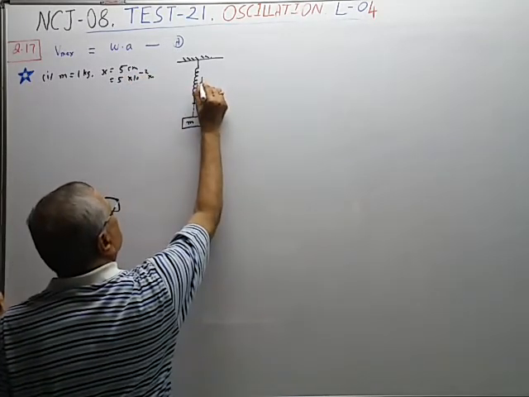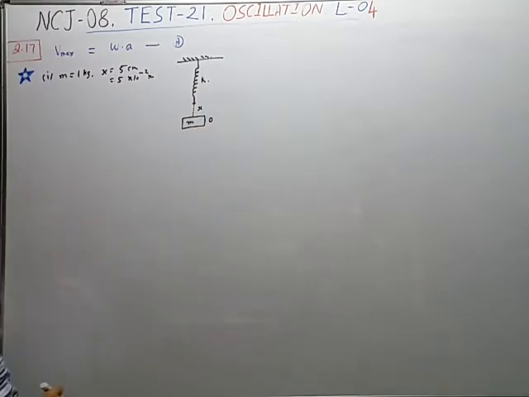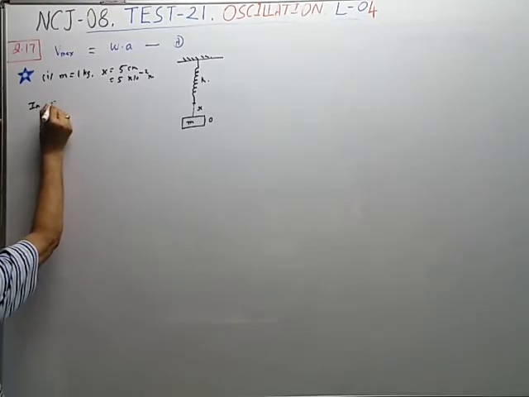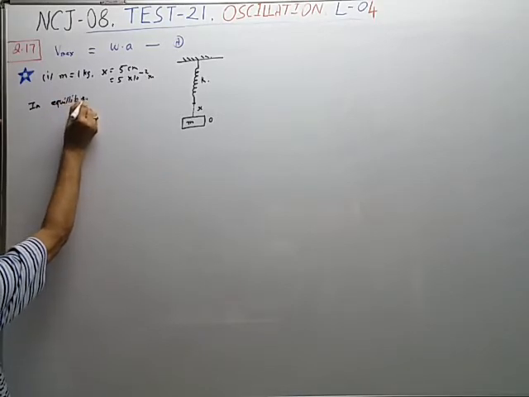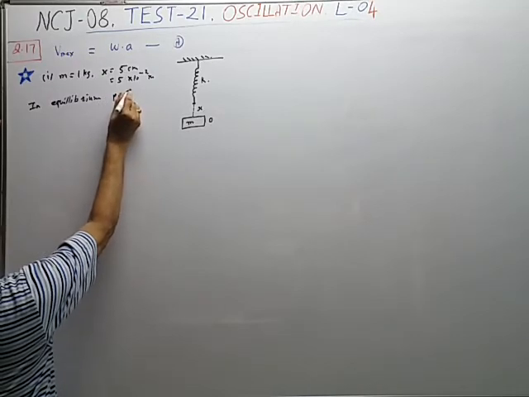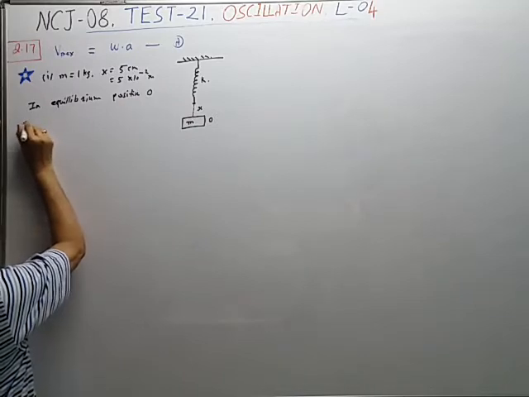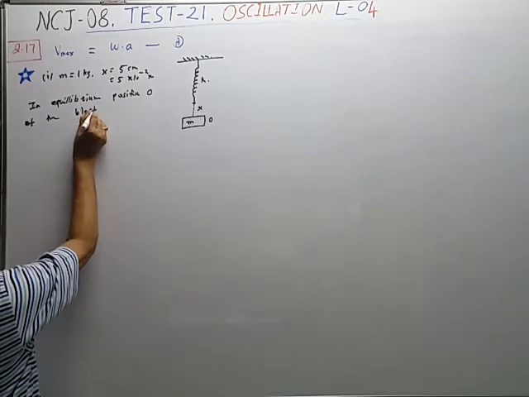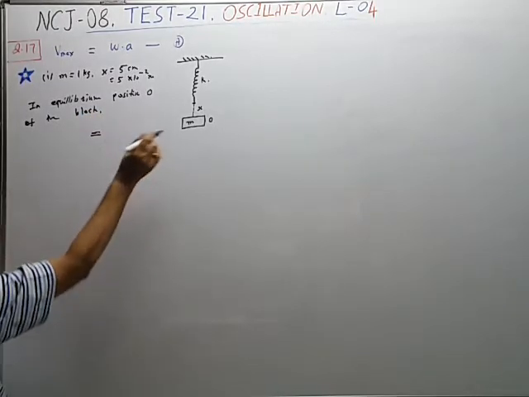This spring has constant K. So this is the equilibrium position O. In the equilibrium position of the block, the net force acting is 0.